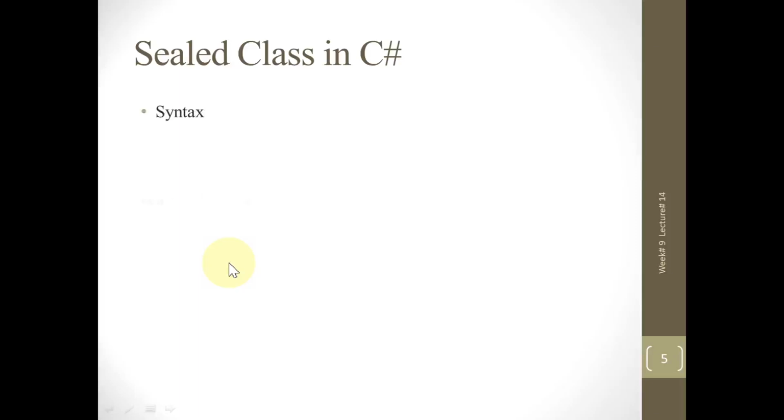Now let's see the syntax of the sealed class. As you can see, first we write the keyword sealed, then a space, the keyword class and the class name, and then the data members and member functions of the sealed class. So we have a proper body of this sealed class with members like data members and member functions, and it behaves like a simple class when used separately.